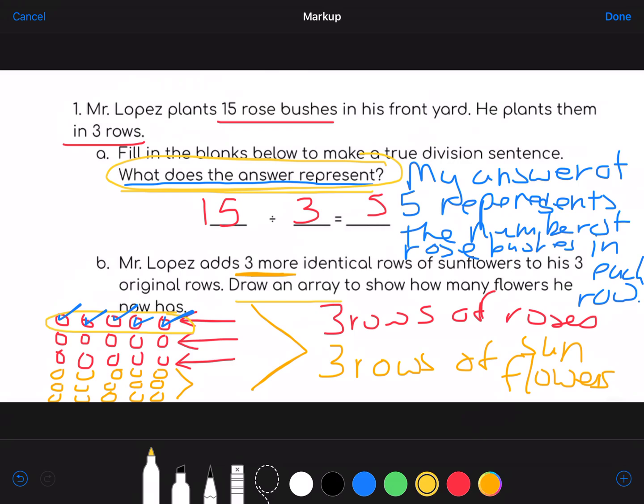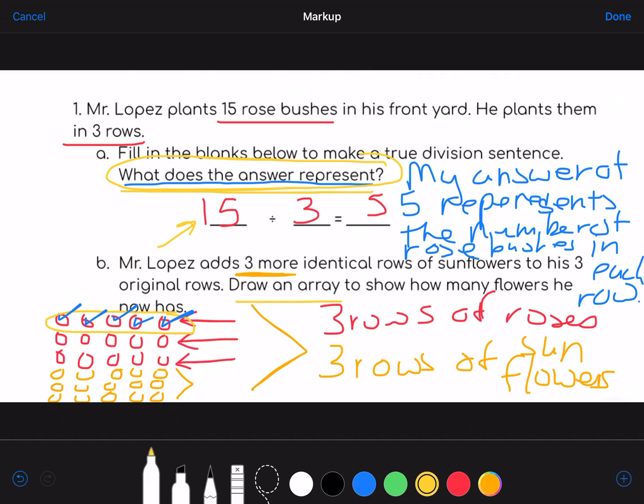Also, you want to think that at this point in 3rd grade, the largest number, that 15, is going to be the first number in your division sentence because you're taking all of the flowers and then dividing them up into rows. Well, there are going to be less in each row because you're splitting it up. It would be as if you were sharing 15 cupcakes with 3 friends. Each friend would get 5 cupcakes.